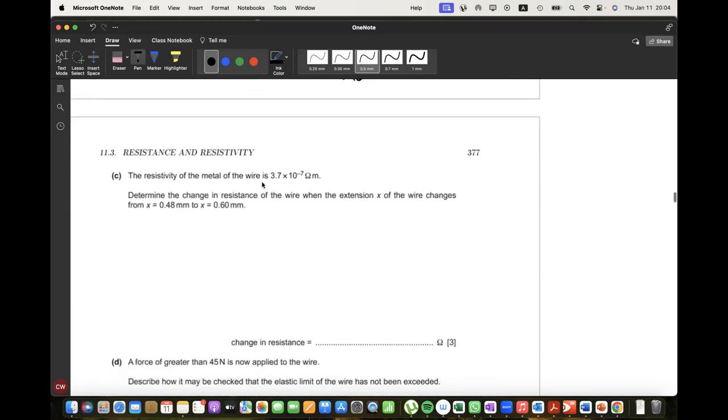Okay, next one is about resistivity. Have you heard the word resistivity before? What is the formula for resistivity? R equal to what? Yeah, you are right. Rho L over A. Determine the change in resistance when this changes. How do you find the change?